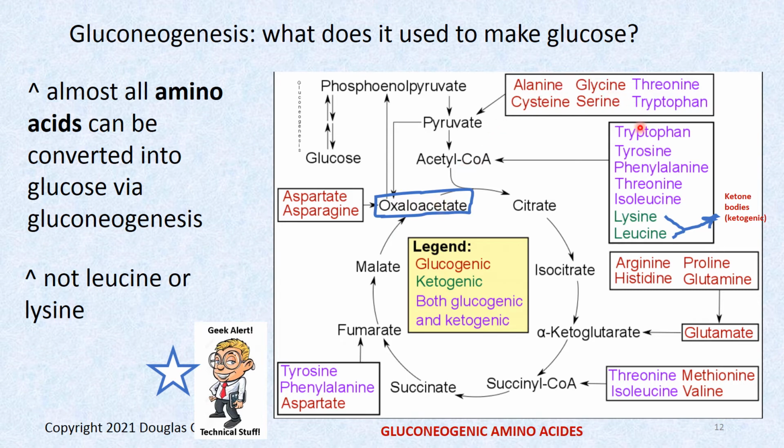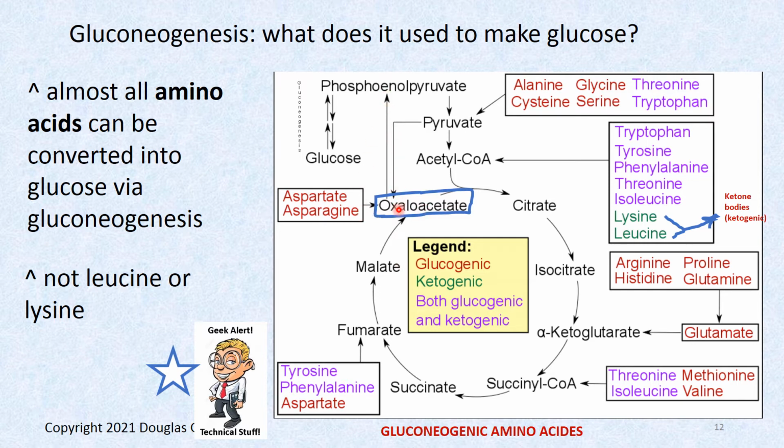So I won't go through all of these, but you can just see a whole bunch of them. Acetyl-CoA can't be converted directly into oxaloacetate though. If you take tryptophan or tyrosine and convert that into acetyl-CoA, it's got to go through the citric acid cycle to make oxaloacetate. But then we know the rest of the pathway.